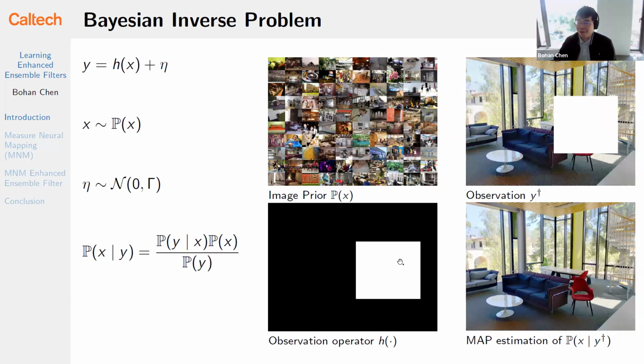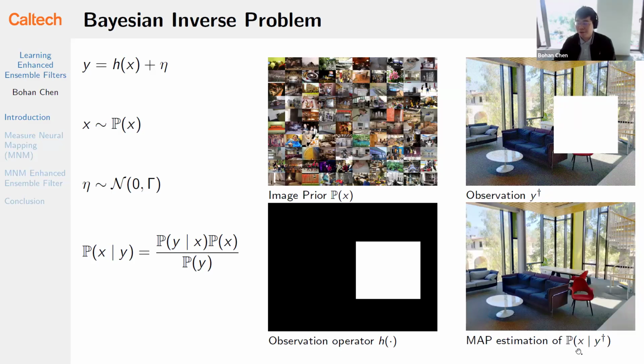And this is our corresponding observation operator. We assume we know this observation operator H, and we know this noise level, or we can approximate it in practice. And the Bayesian inverse problem is to approximate this posterior distribution from this equation.